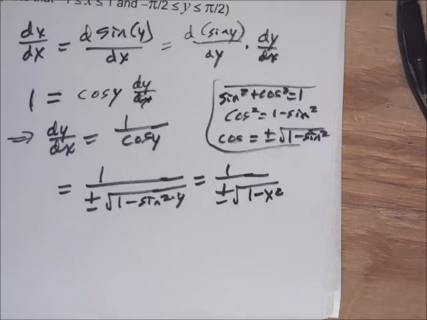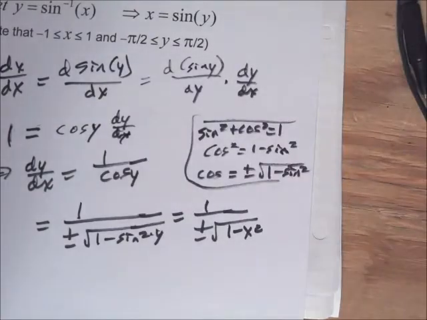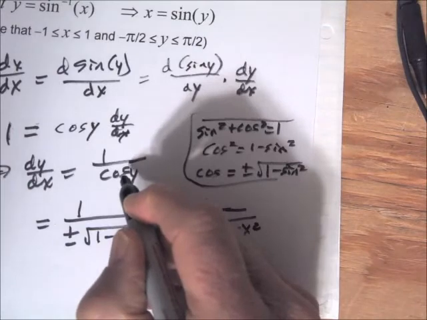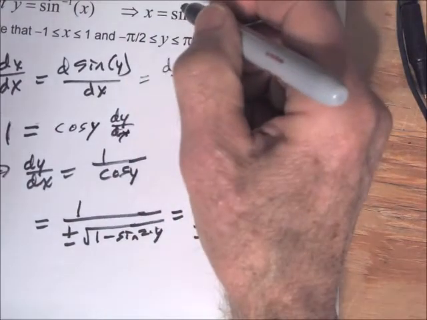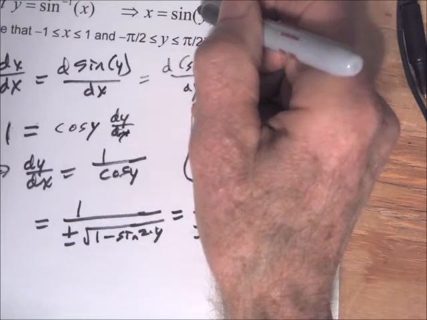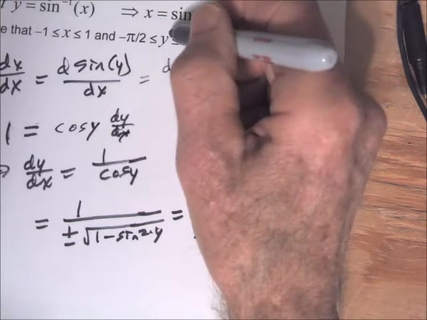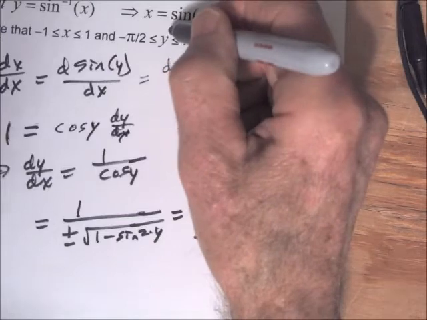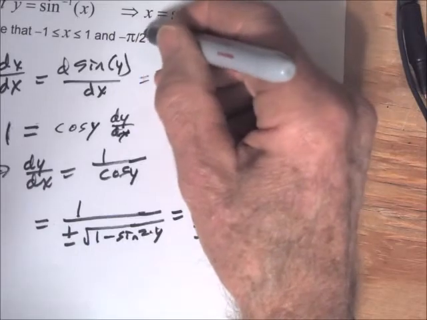If you remember the domain restriction for the sine inverse, the angle y is between pi over 2 and minus pi over 2.